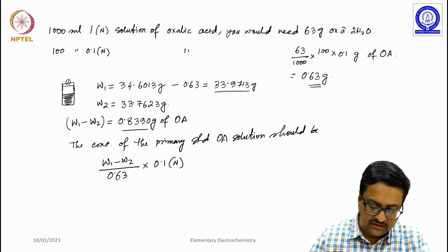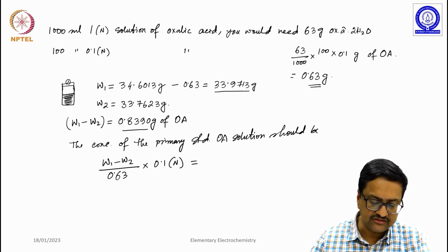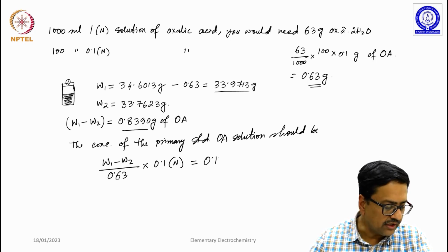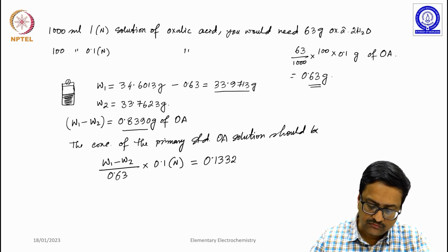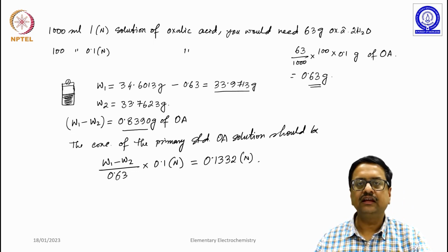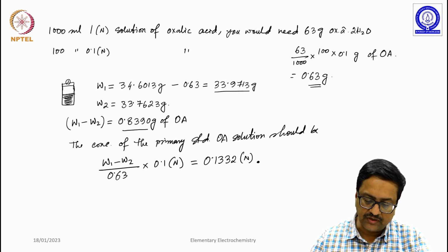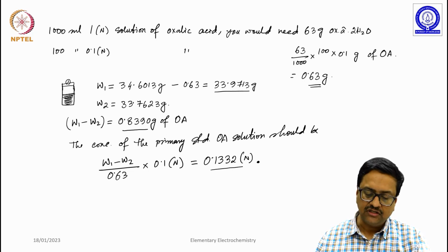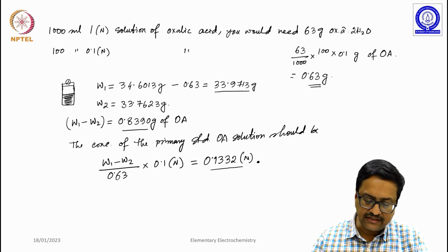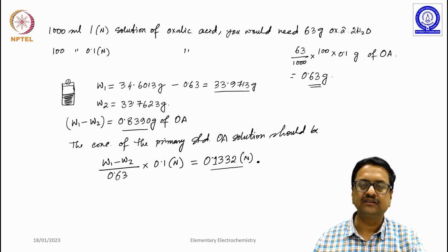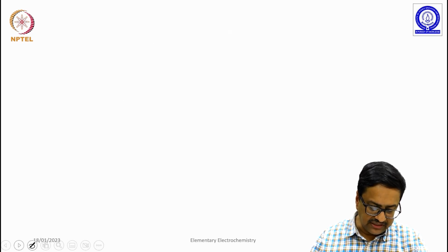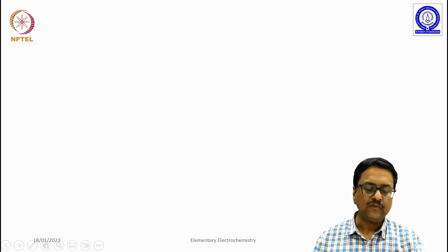When you replace W1 minus W2 by 0.8390, we end up getting 0.1332 normal. So, here we wanted to make 0.1 normal, but by adding a little more we have increased the concentration by a certain amount, but what we know is the exact strength, that is the exact concentration of oxalic acid in this solution.